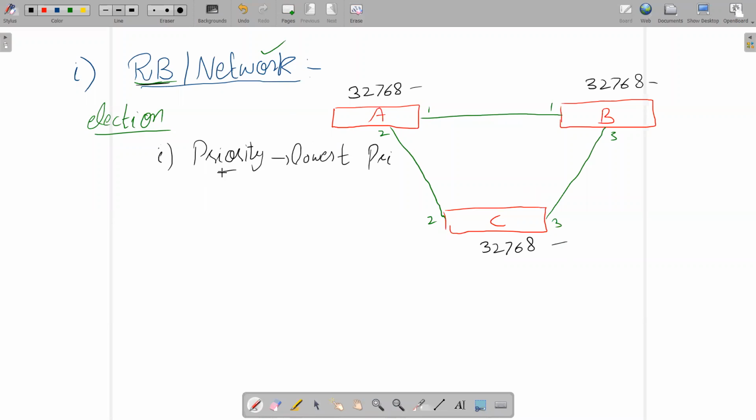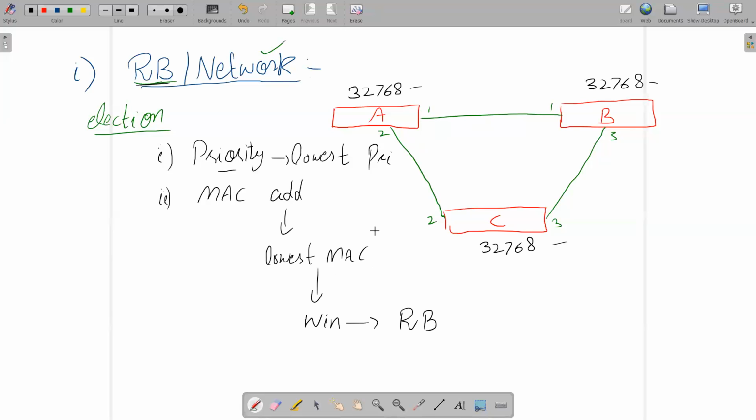So what do I need to do? I need to conduct this election on the basis of MAC addresses. All switches compare their MAC addresses with each other, and the switch having the lowest MAC address will win the election and will be acting as the root bridge.